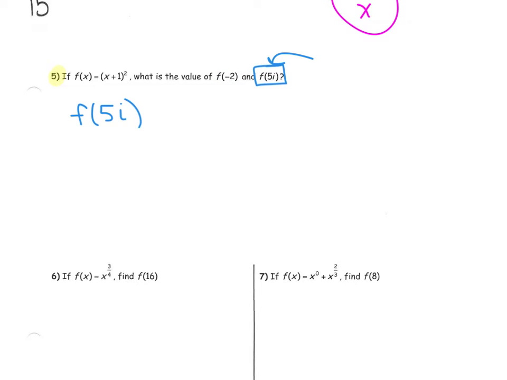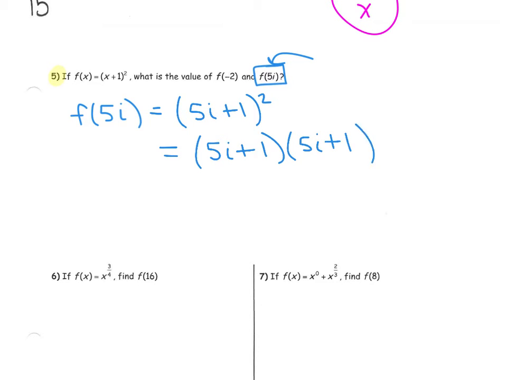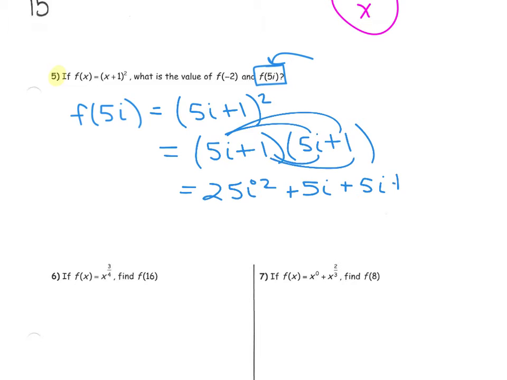All right. So I have f of 5i is going to equal 5i plus 1 quantity squared. Let's double distribute this thing. And we have 5 times 5 is 25, i squared, if anyone remembers what i squared is. We have plus 5i, and then plus 1.